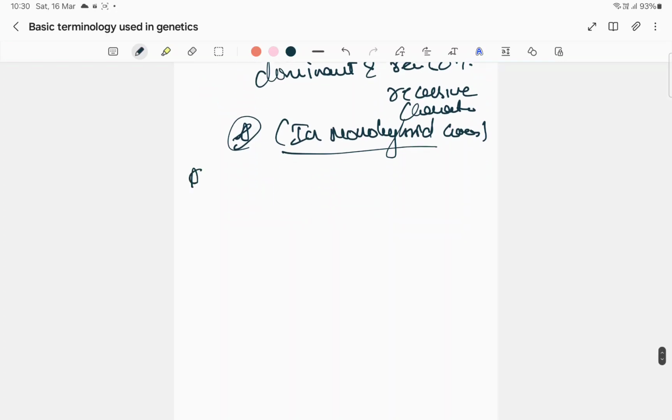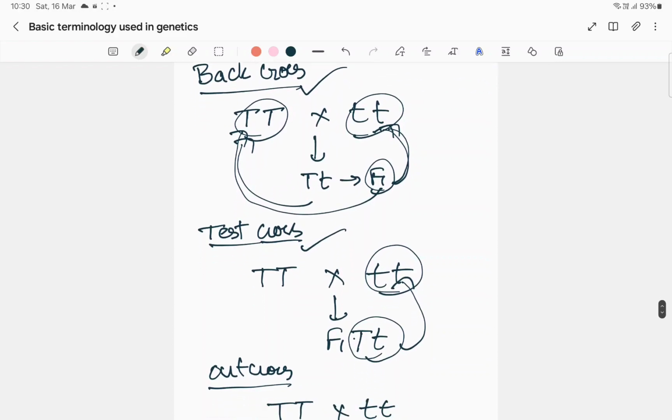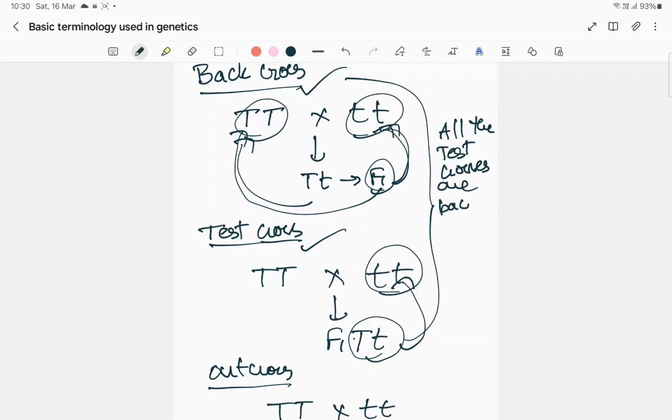And another point regarding test cross and back cross, you have to remember. All the test crosses are back crosses, but all the back crosses are not test crosses, because in a back cross we can cross it with any of the parents, dominant or recessive one.